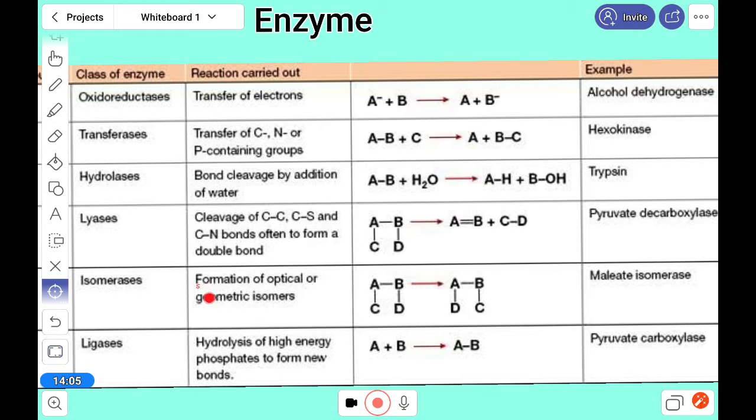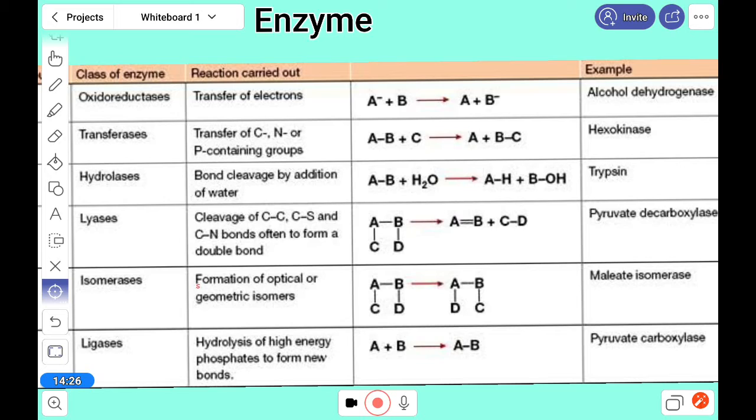Isomerase forms isomers. Suppose glucose to fructose. It means just see A, B, C, D, and it converts into D, C. Only some structural change, but basically both are there. I think you know the isomer. So here the malate isomerase.